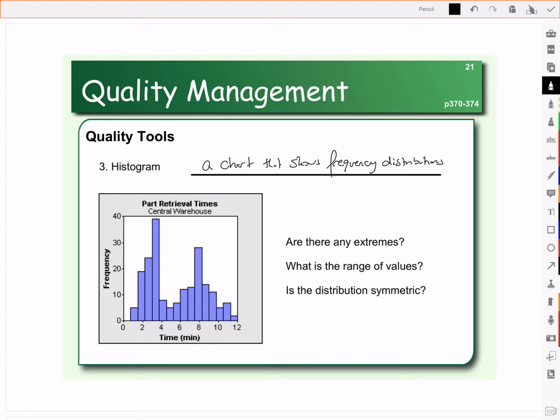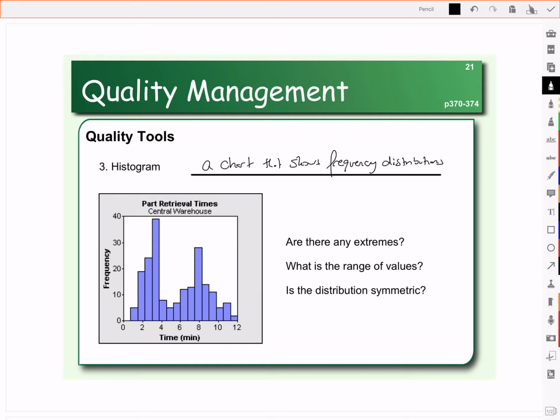So let's suppose that you're a company like Amazon that has to constantly go and get orders from a warehouse. Okay, so you're filling packages. And this here shows how long it takes to retrieve the different items from the warehouse. So what we're looking at is that there's a number of times that we retrieve items from the warehouse, and they each take a different amount of time.